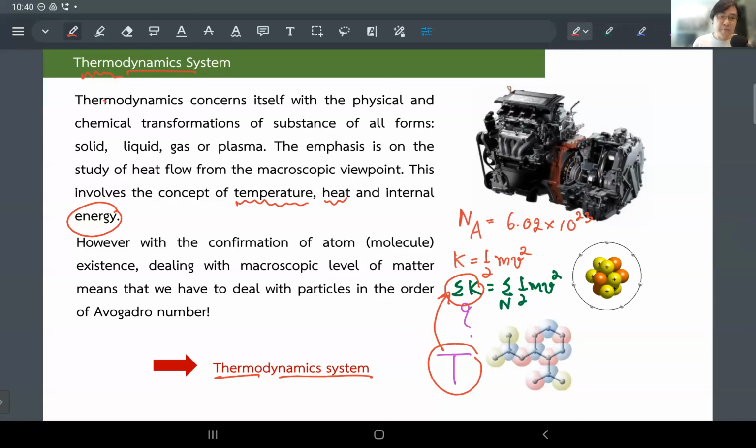It's a system that we can deal with macroscopically. But the information that we can detect or measure from the macroscopic level will tell us something about the microscopic level's properties in a collective way. The reason we need the word collective is because here we go.